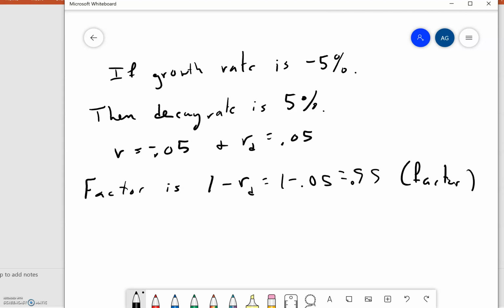Or if I want to write it in growth form, I would say 1 plus r is equal to 1 plus -0.05, and that's the same thing as 1 minus 0.05, right? And so that's 0.95, and again, that's my factor. So you see how this might be a bit confusing. I hope it's not, but we just have to keep our terminology straight.